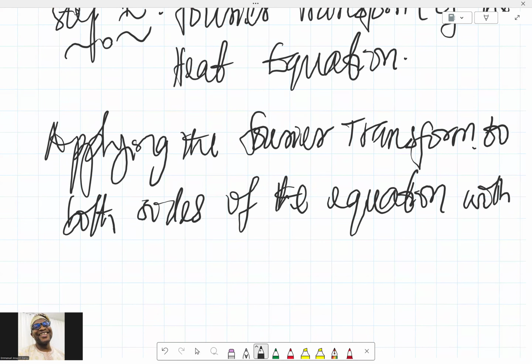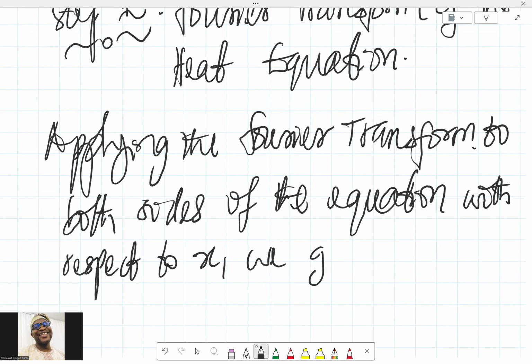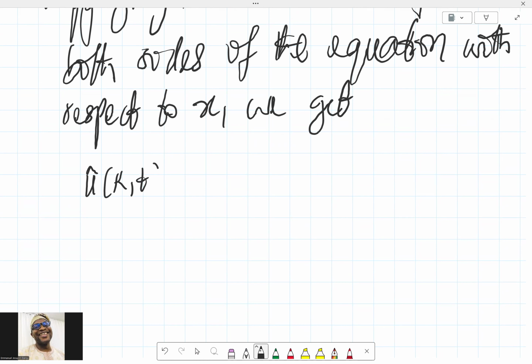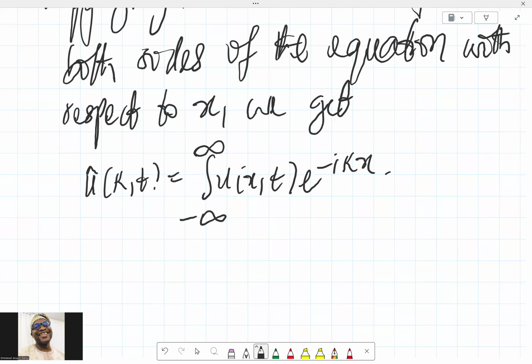Mind you, what we are transforming is the spatial part with respect to x. Once we do that, we have it remaining in terms of t, and then we can go on from there. So we have u cap of k comma t equals the integral from minus infinity to infinity of u of x comma t, which is the original expression we are looking for, e raised to minus ikx dx.